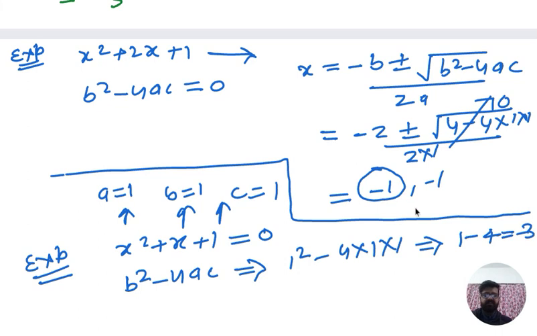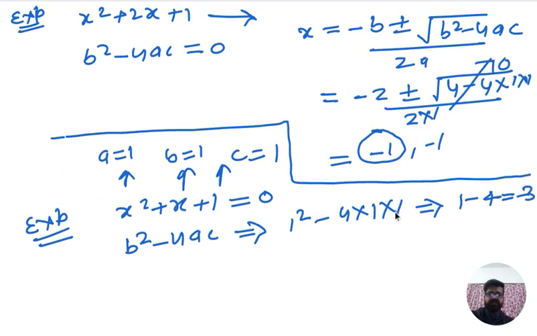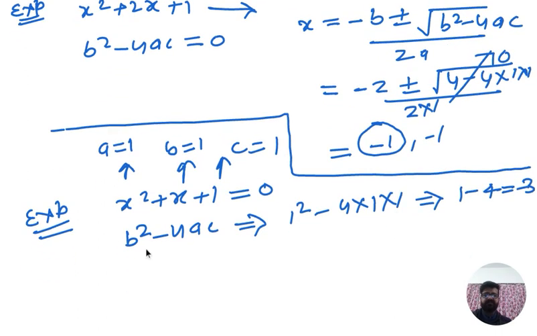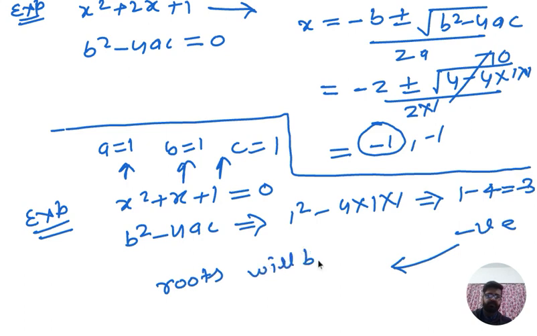So as you can see, we find the value of b square minus 4ac, and this value is negative. That is why the roots will be imaginary.